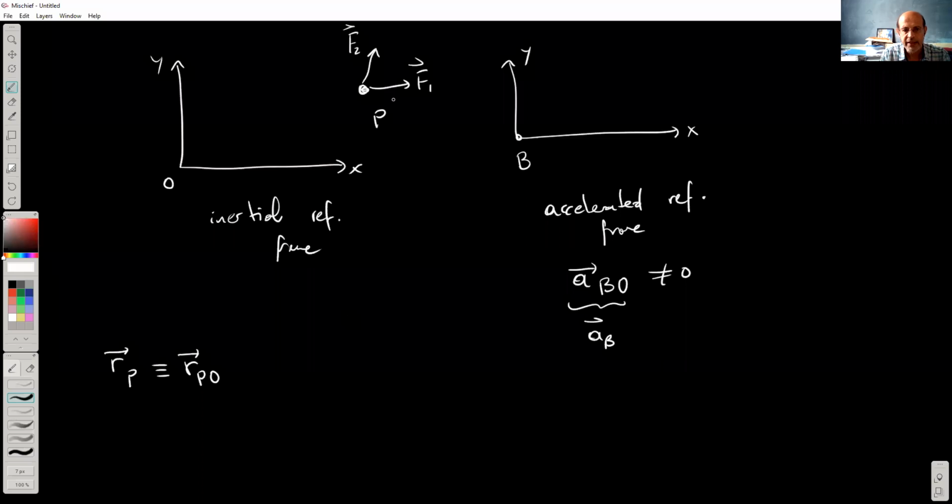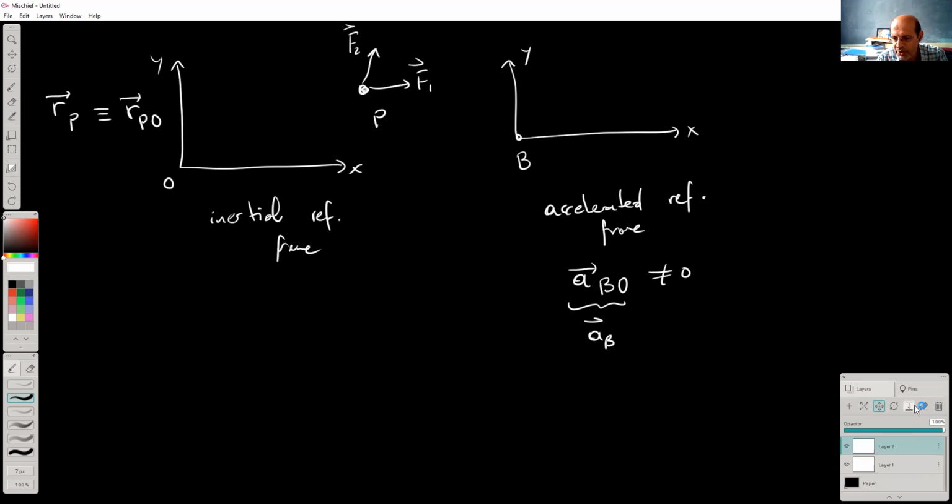So I know that for this particle, I don't have space left in here. So let me move this somewhere in here. All right, let me also make this like that.